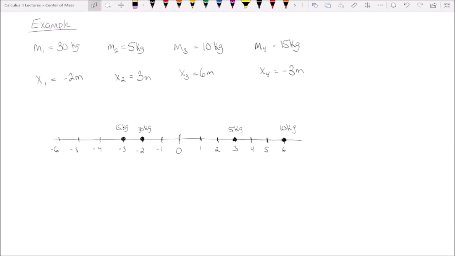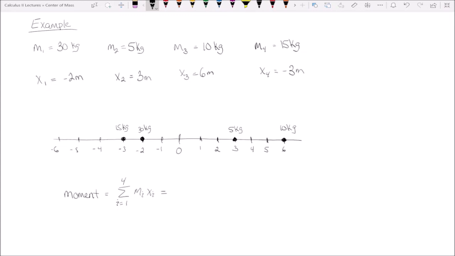So we need to find center of mass. First, let's calculate the moment of the system. That'd be the sum from i equals 1 to 4 of m sub i times x sub i.